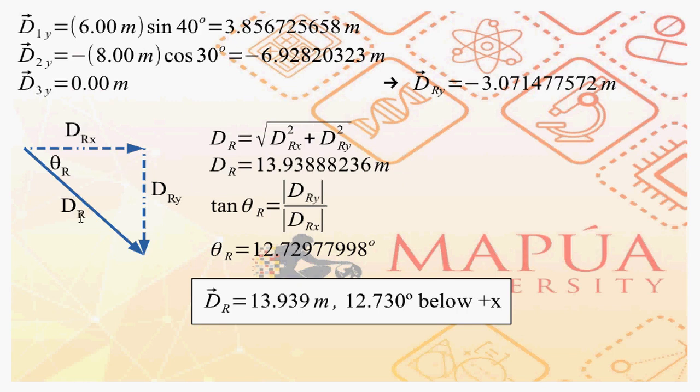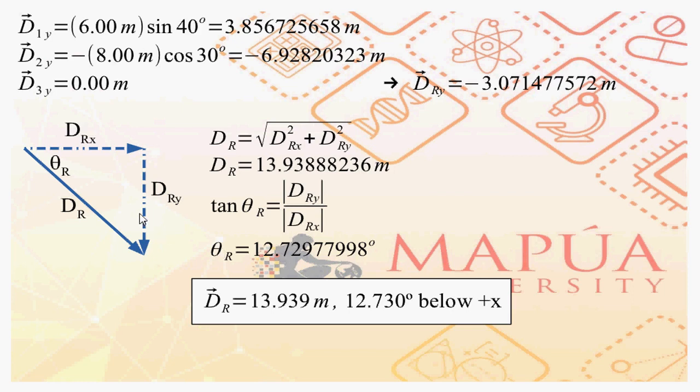The angle orientation of Dr is angle theta r. Getting the tangent of theta r. Tangent of theta r is just equal to opposite Dry divided by adjacent Drx. Don't forget to apply absolute value to get rid of any negative signs. We know Dry, we know Drx. By getting the inverse tangent, we are able to get the angle theta r, 12.72977998 degrees.